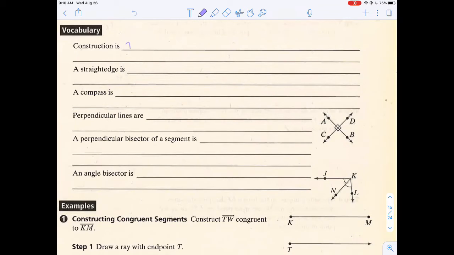A construction is a geometric figure that is drawn using a straight edge and compass.